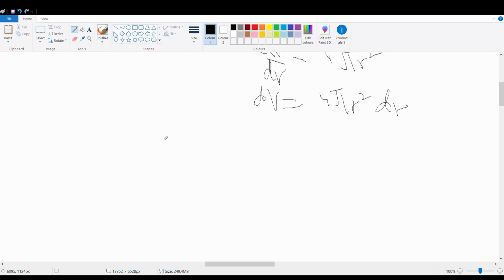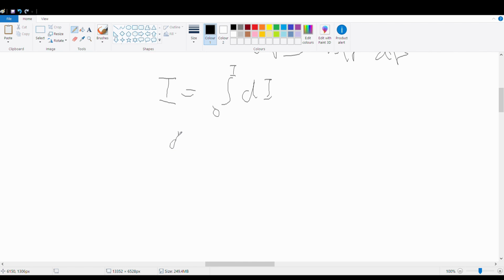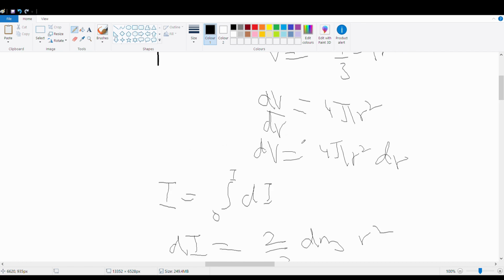So we can write I as the integral of dI, from 0 to I. But dI in this case is equal to 2 by 3 dm r square. Why is this?